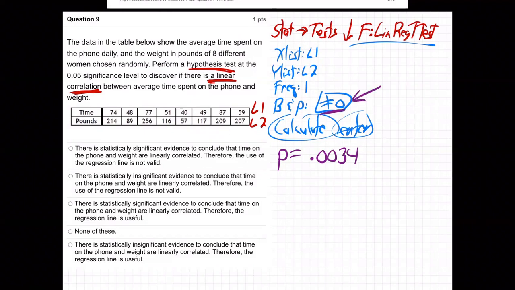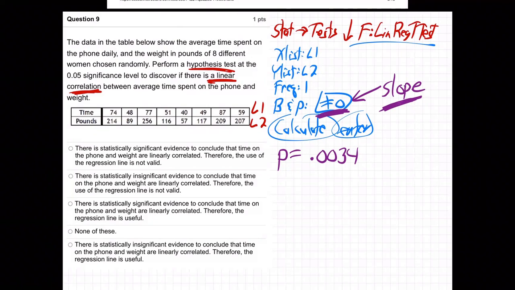That is important. And the reason is, you might wonder, why? How do you know? What are you doing there? That's the slope. You're testing the slope. And you're saying the slope is not 0, meaning if the slope is not 0, there's a linear connection. We're saying, is there or is there not a linear relationship here? So you should get p equals 0.0034.